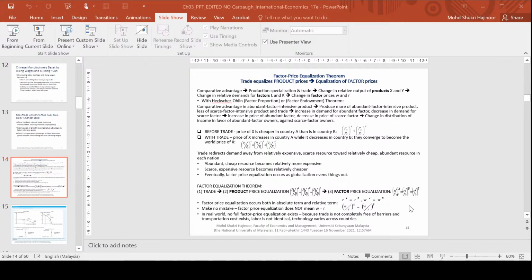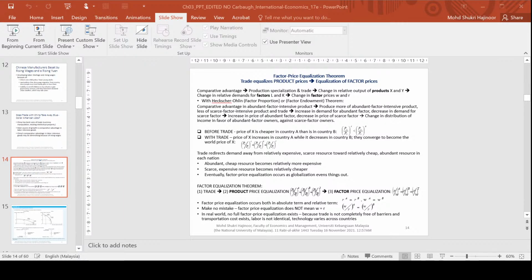Yes, go up. In China, you have more labor. You must specialize in labor intensive goods. Produce more textile. Don't do other things. So China produces more textile, which will use more labor.